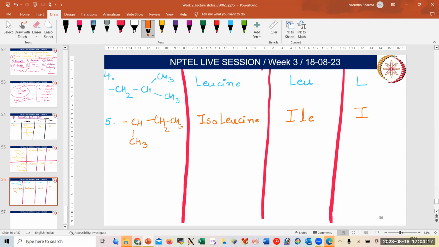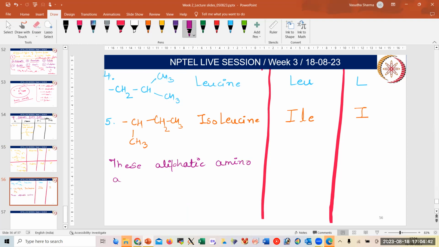So these aliphatic amino acids are hydrophobic in nature because they only have carbon-hydrogen bonds. So we can write over here, these aliphatic amino acids are hydrophobic in nature.